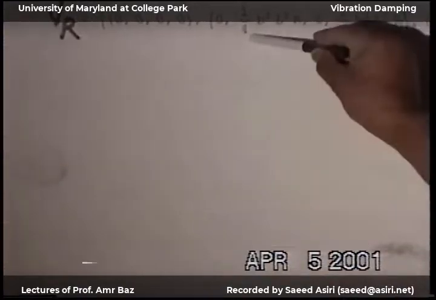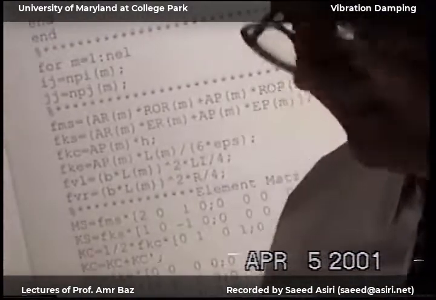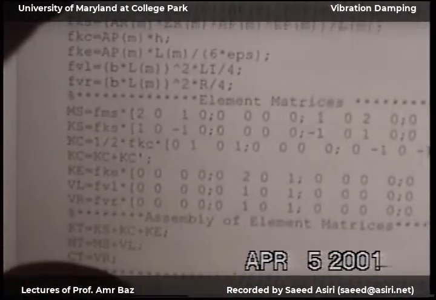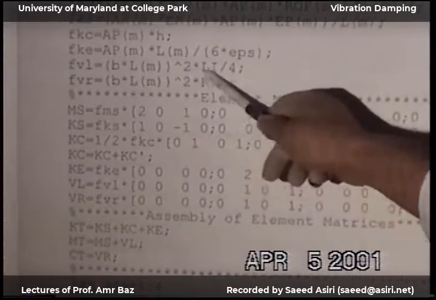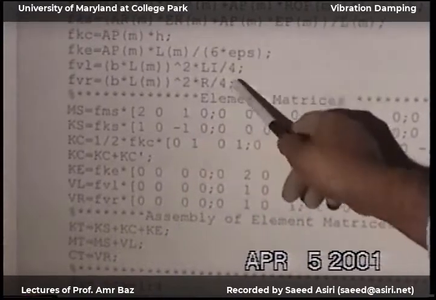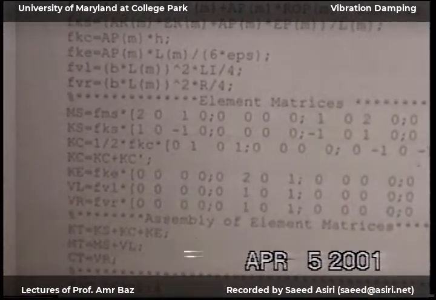The quarter, B squared, L squared, and R. So BL squared times R, BL squared times Li, and so on. So now we have all the matrices.